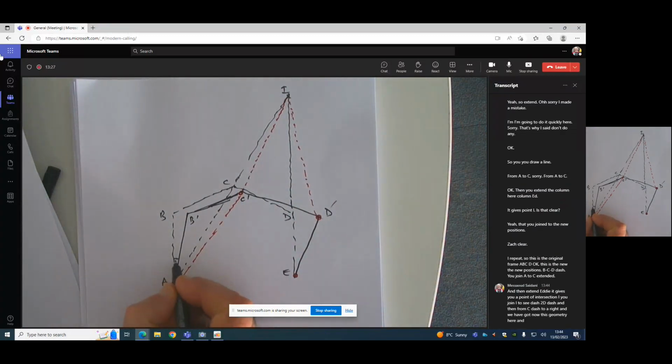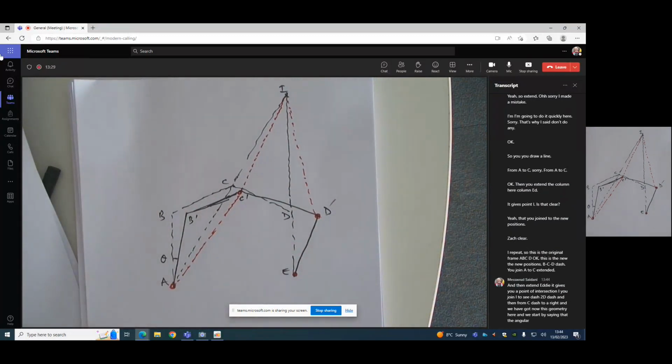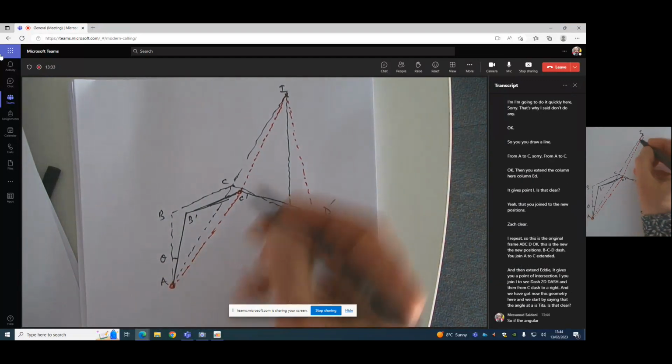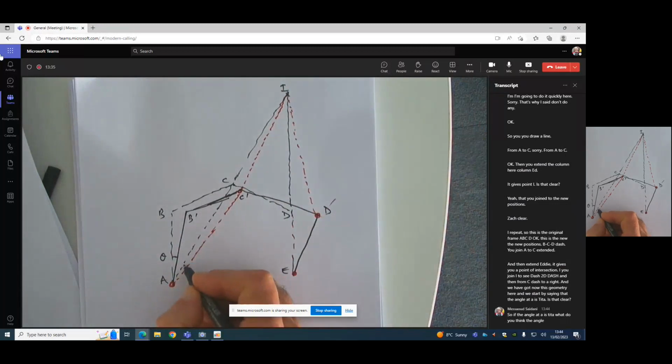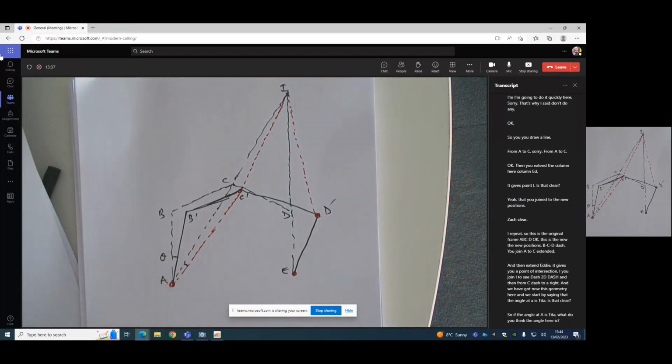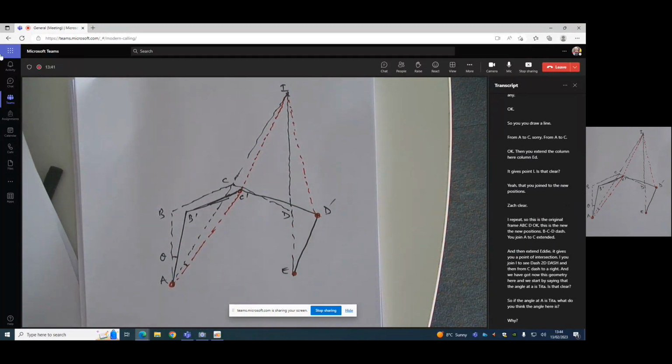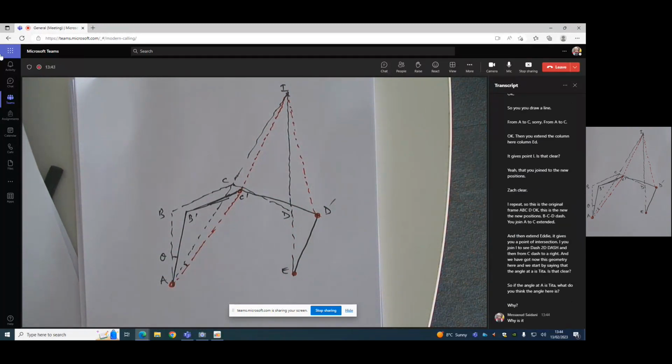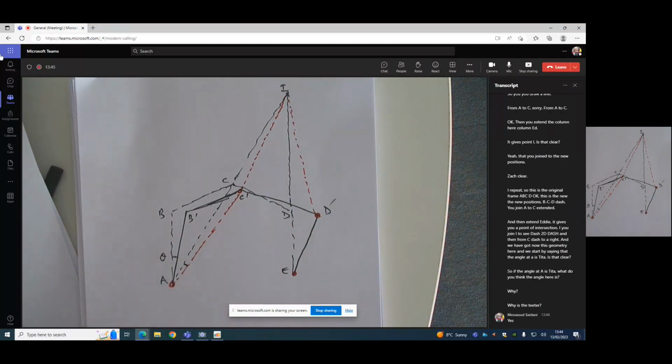And we start by saying that the angle at A is theta. Is that clear? So if the angle at A is theta, what do you think the angle here is? Why is it theta? Yeah, exactly.